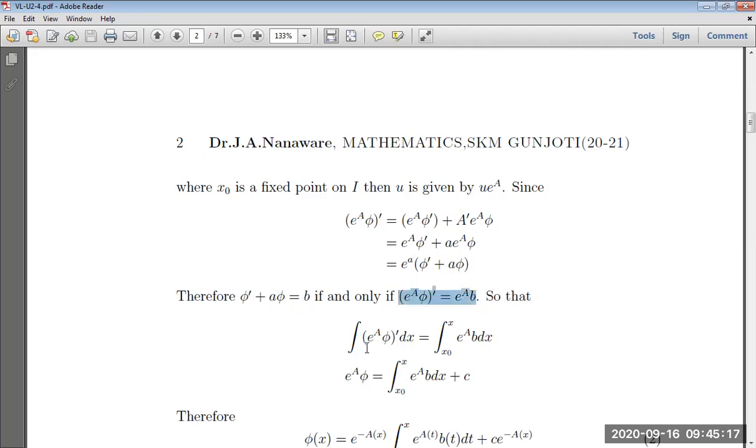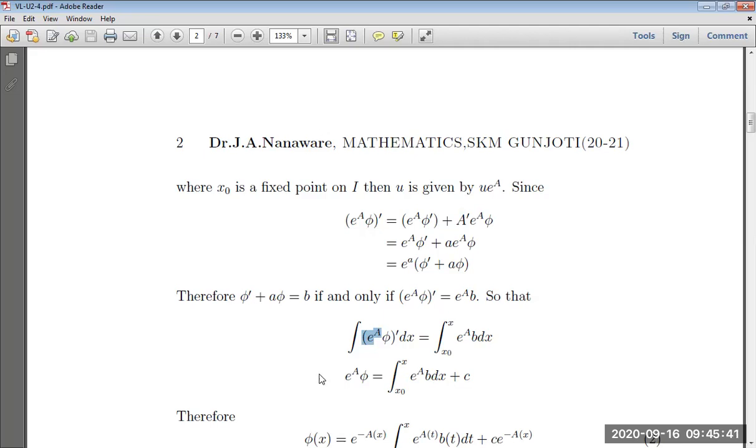Here you are taking the integration of the derivative of some function. And what is the integral? The integral will be the function itself, e to the power A into phi. Take the integration of the right hand side, which is the integral from 0 to x of e to the power A into b dx plus a constant of integration.